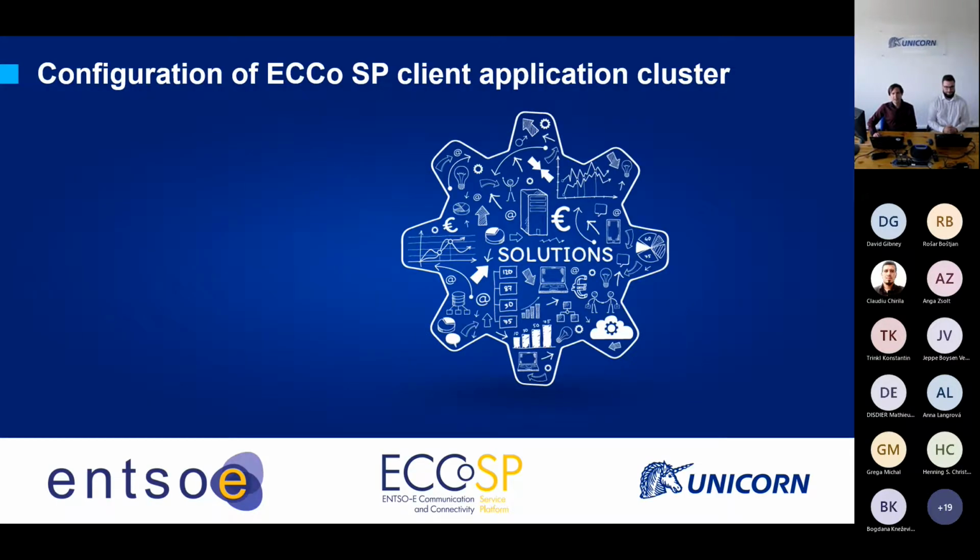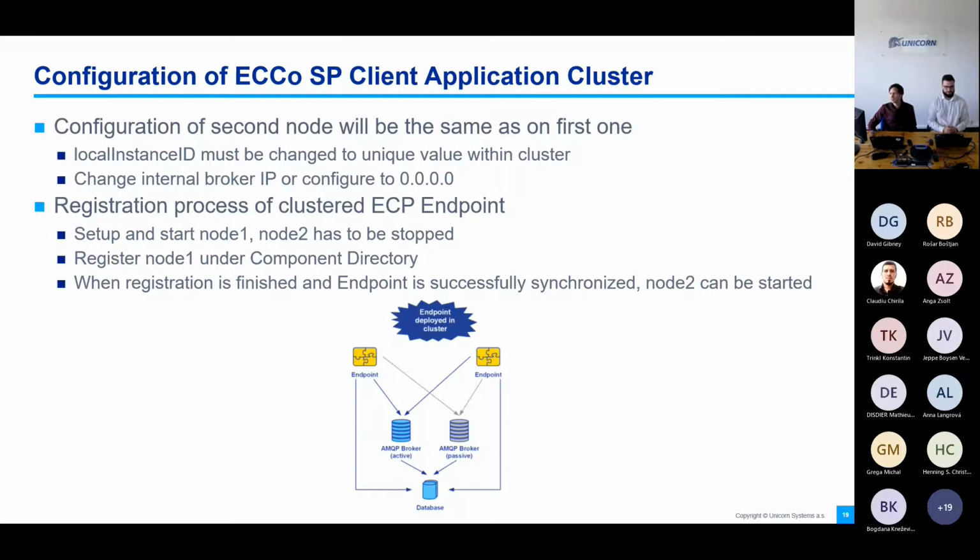Okay, now let's move on to the configuration of the application cluster itself. Now we have configured the database, and what else do we need to configure? The first thing is the configuration of the local instance ID. It was already mentioned in the database part, so this must be changed to a unique value within the cluster.